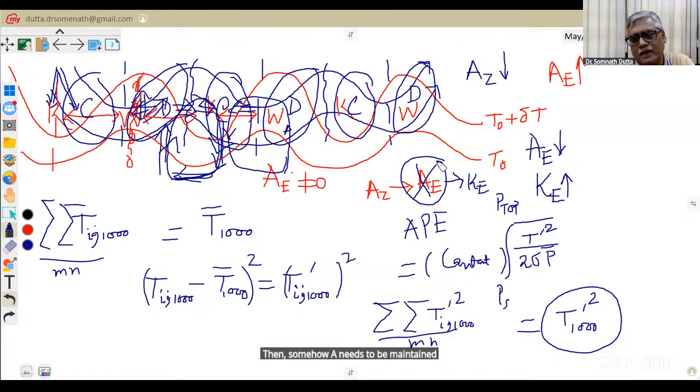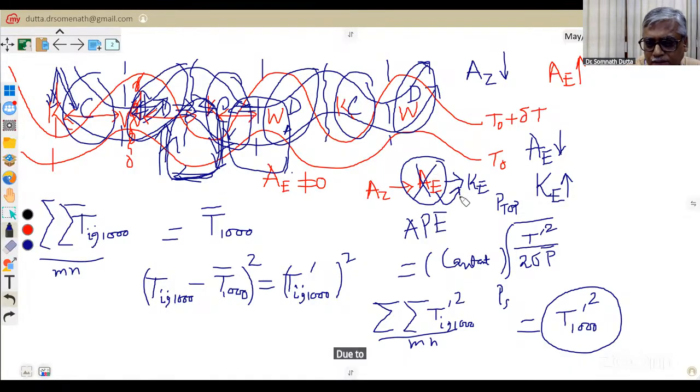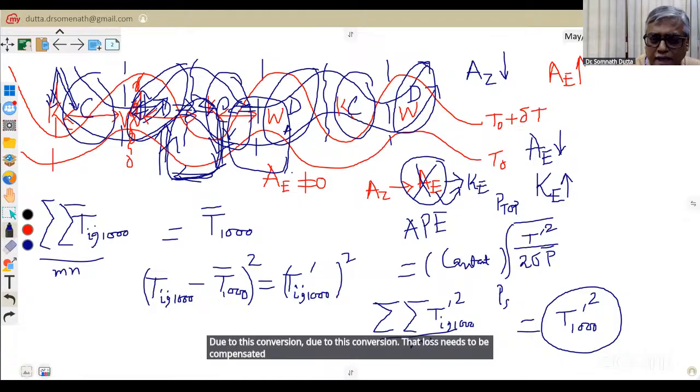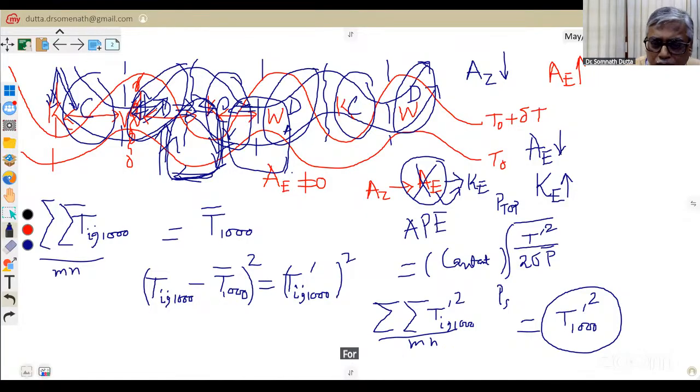That means whatever loss of AE is taking place due to this conversion, that loss needs to be compensated. So for that, what you require?